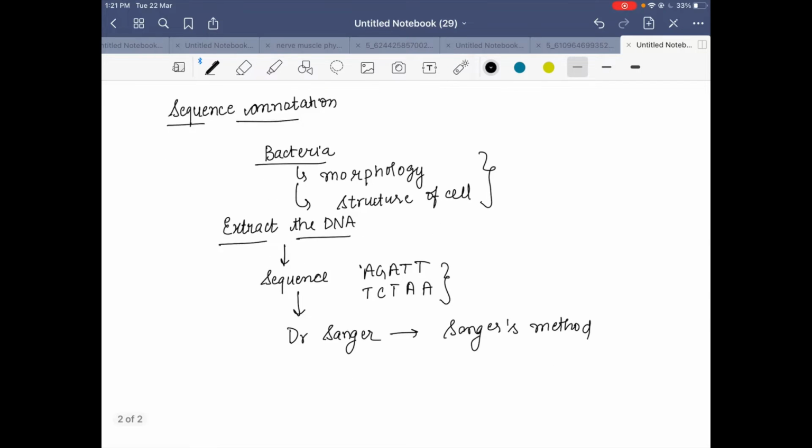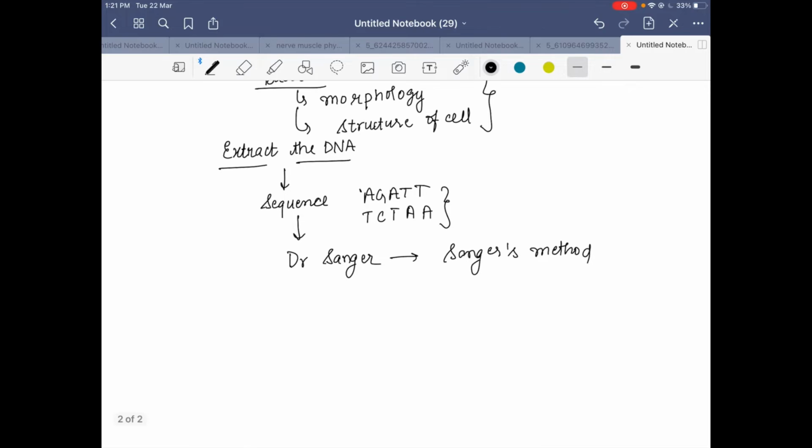So in brief we can say that first we have to find the sequence or annotate it, then we have to find the function of that DNA.